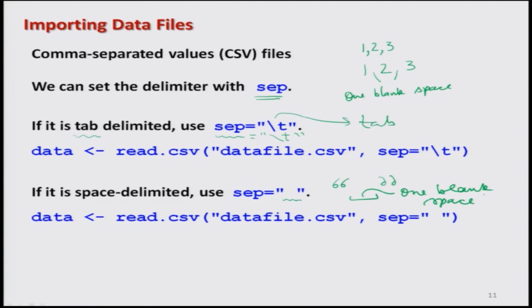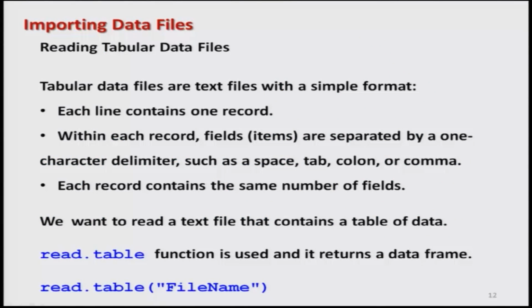And then the syntax to read the file is the following: read.csv, then inside the double quotes you write the file name, say for example data file.csv, and then you have to specify the separator. What is your separator? Is it tab delimited, or in the second case space delimited, and based on that you can read your file without any problem. So in case you have any such file, there are other options also you can explore depending on your need.